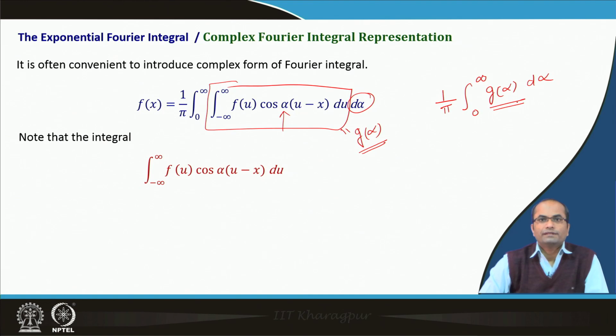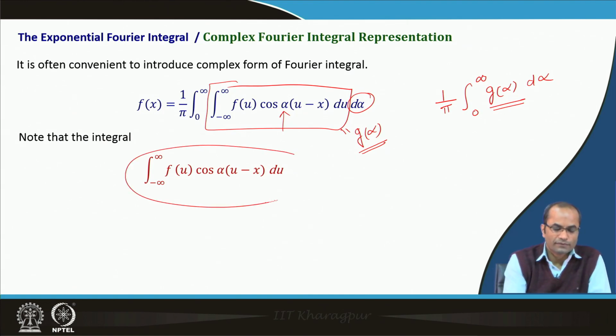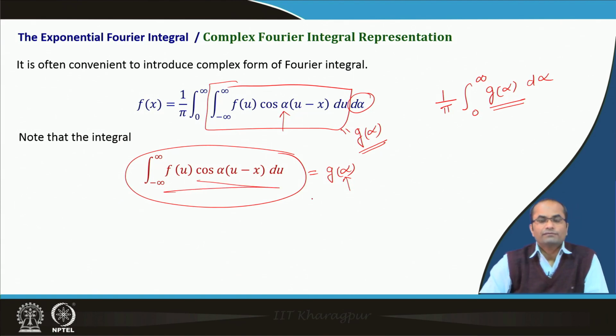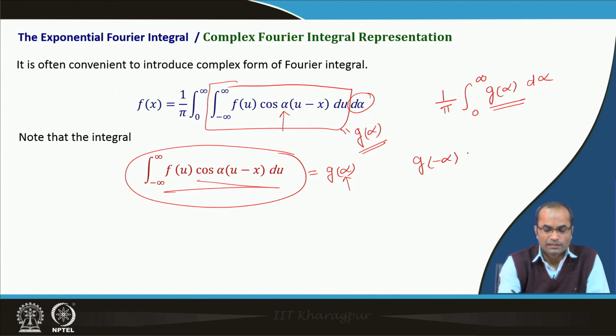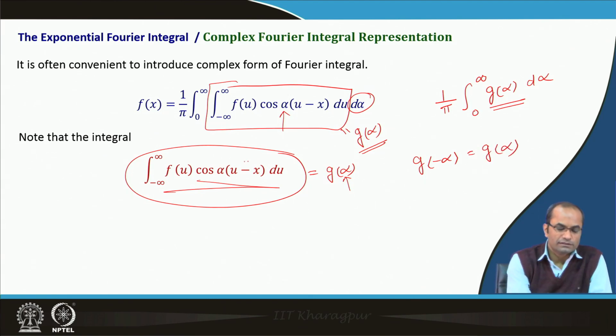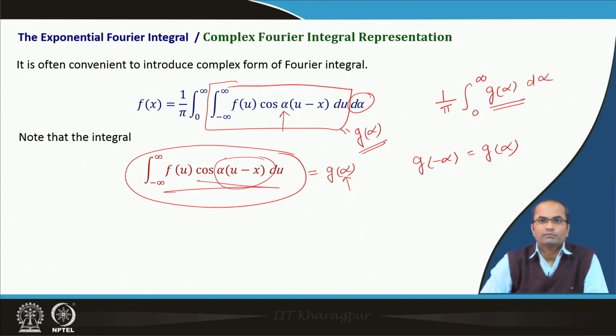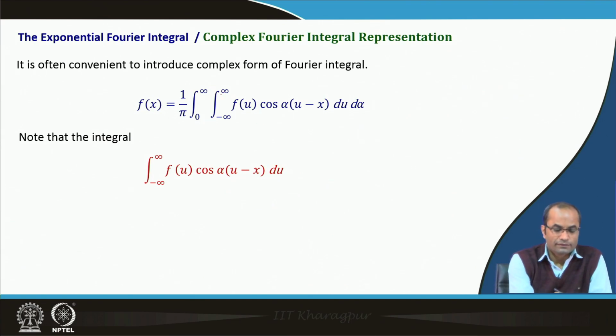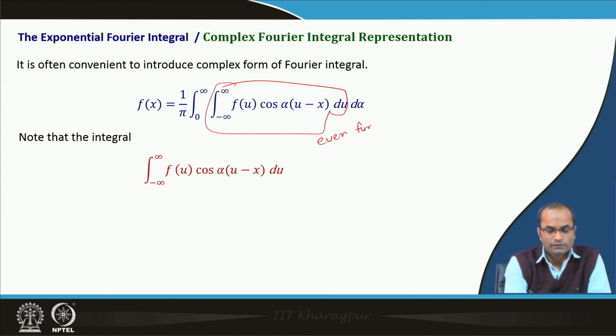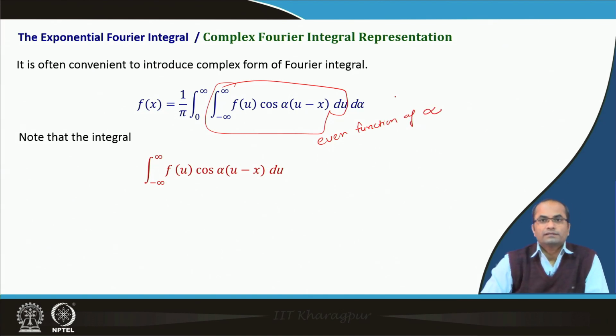Now if we take a look at this g(alpha), in terms of alpha this function is an even function, because g(minus alpha) is equal to g(alpha), since alpha is sitting with the cos term and cos is an even function. So this integrand is an even function of alpha, and it is being integrated over alpha from 0 to infinity.